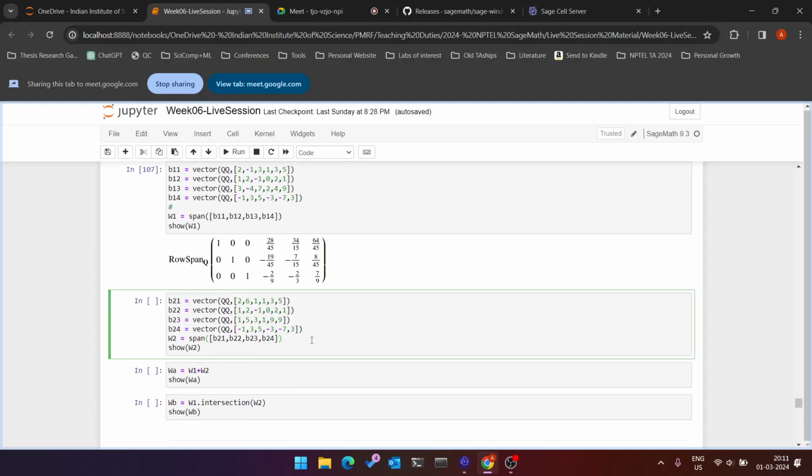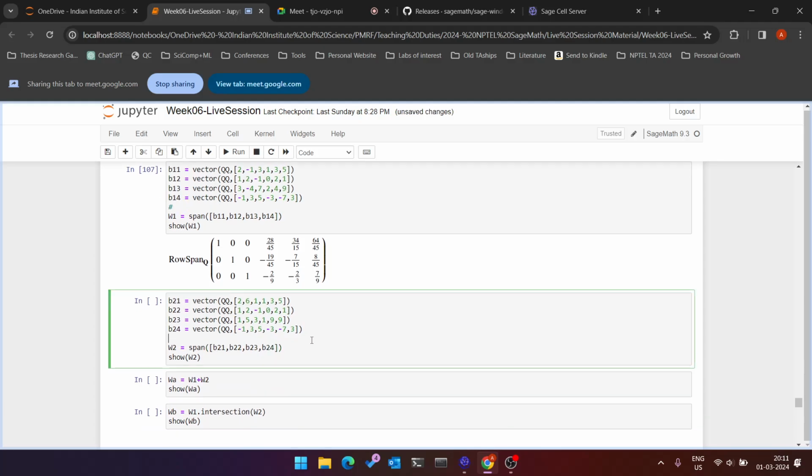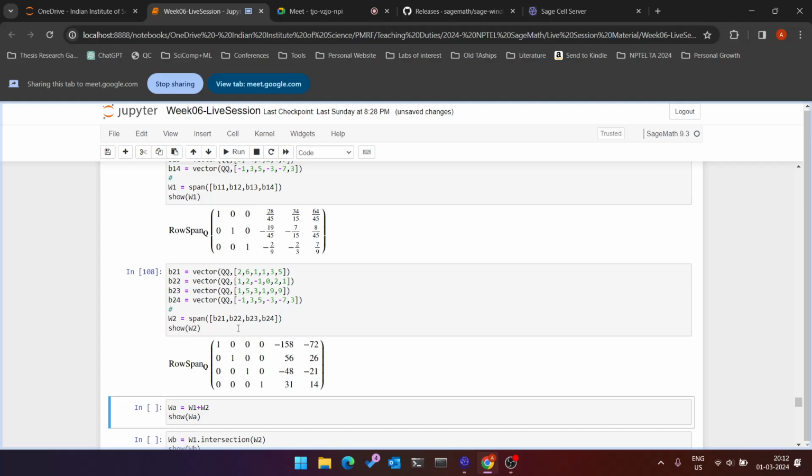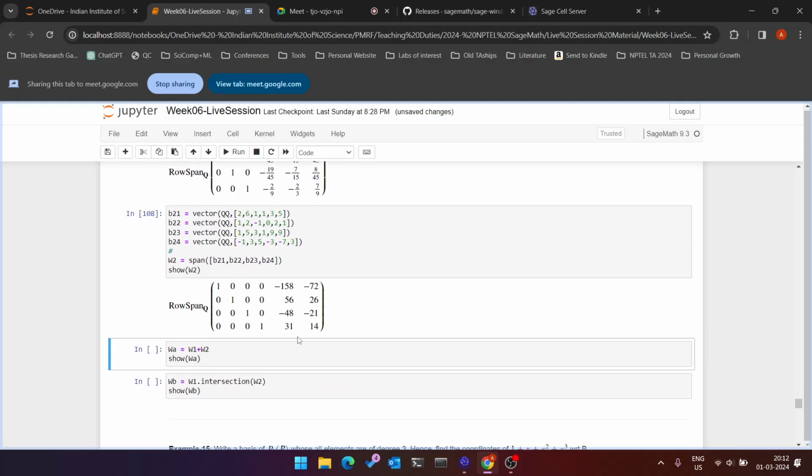The same thing follows for the space W2. Again we define four vectors and calculate the span based on these four vectors. We have to specify that they belong to Q6, and if I now show W2, I get a row span that looks like this.